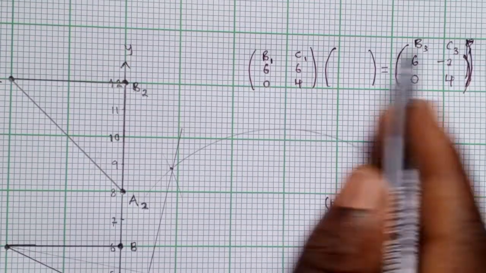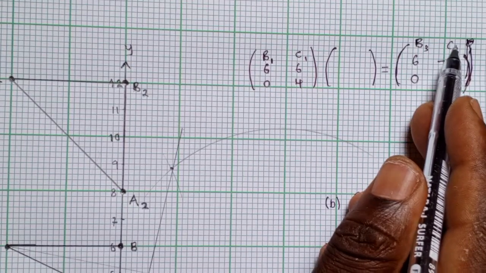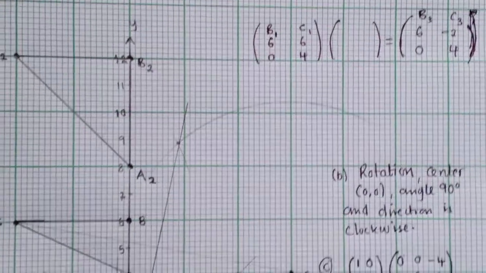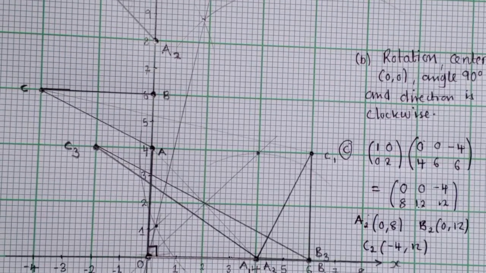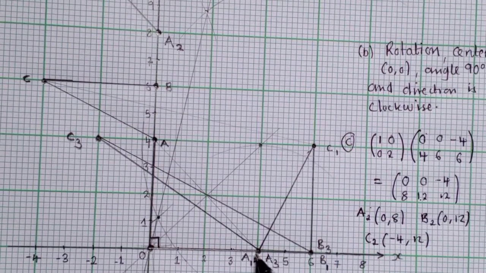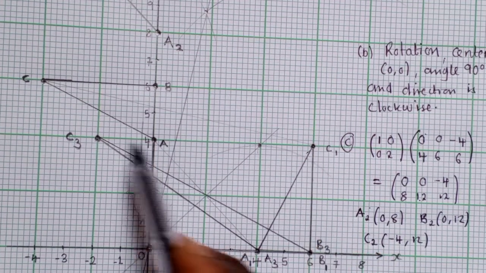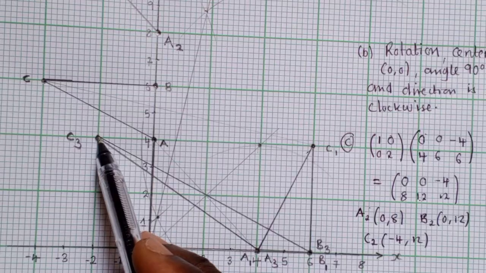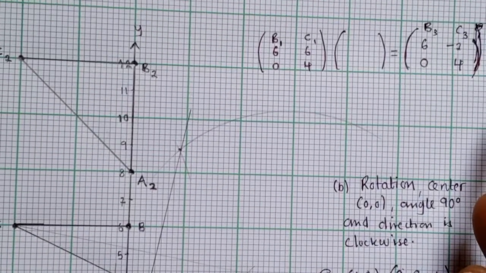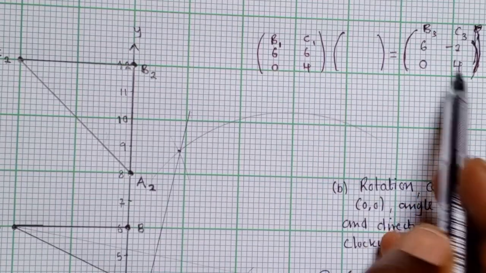Mostly C should not be missed because it's the one which has been affected. When you look at the original shape, A is not affected, B1 is not affected, C1 is the one which is affected. It has been moved to C3. So C must not be missed when picking the coordinates.